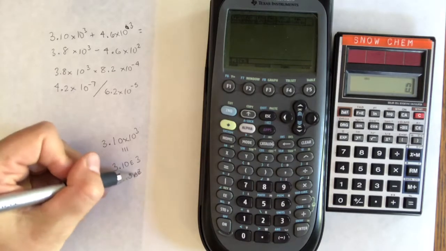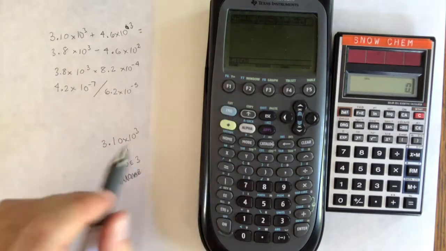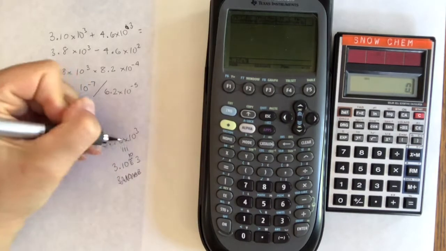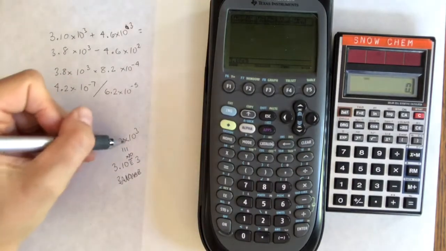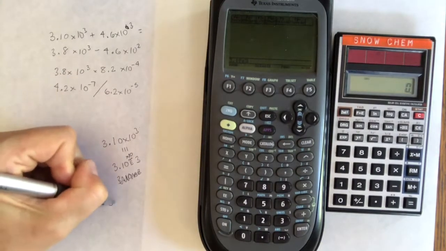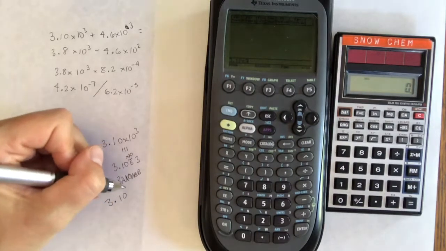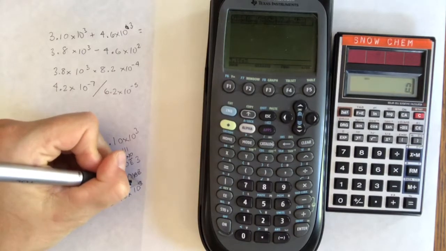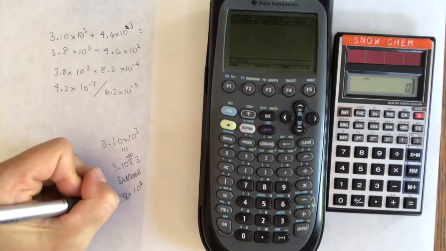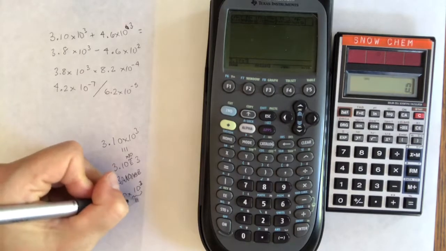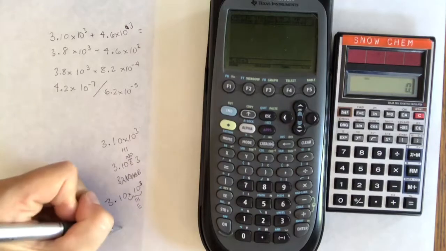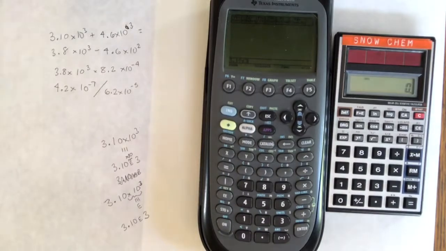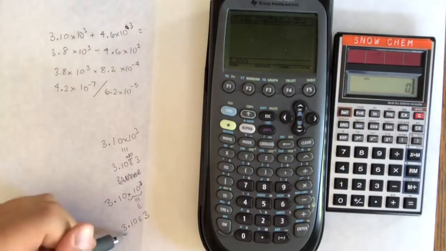This is just a different way to write these numbers. So this e basically replaces the times 10 in this equation. So let me just write that a little bit better. So 3.10 times 10 to the third, and this times 10 is equivalent to the e. So we can write this as 3.10 e to the third. And these are both the same number.